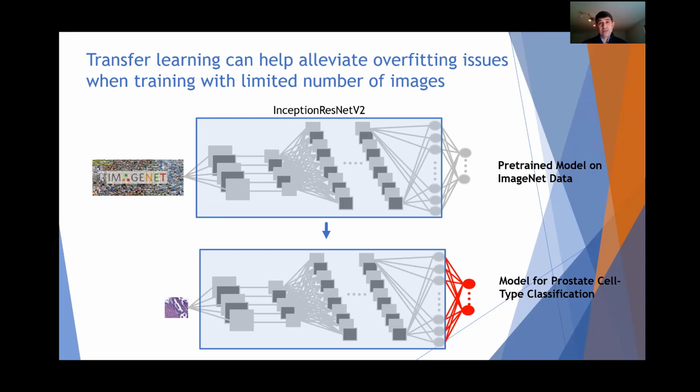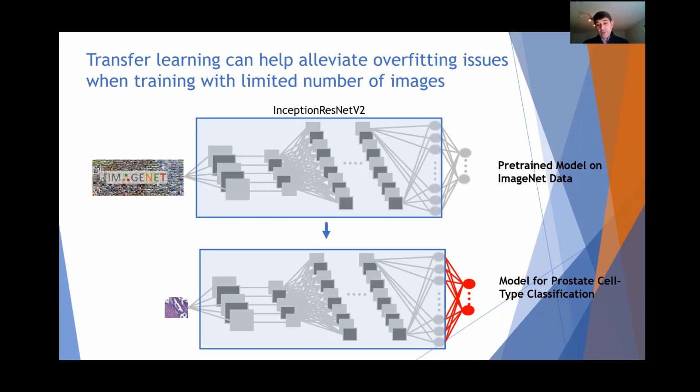And that neural network has been trained on over 1 million images from the ImageNet database. When you take a neural network like this that was trained on a set of images, and you port it over to apply to another independent set of images, they call this transfer learning.